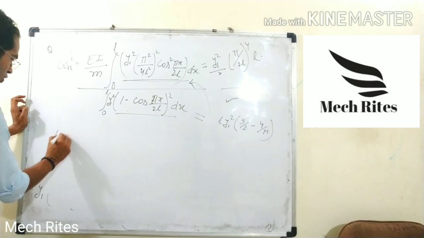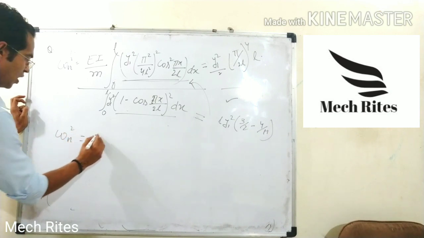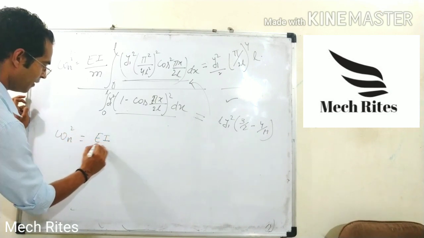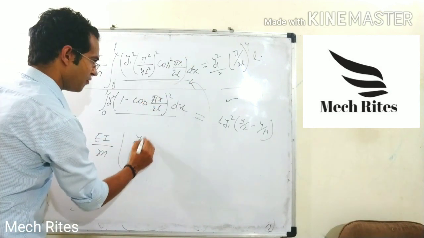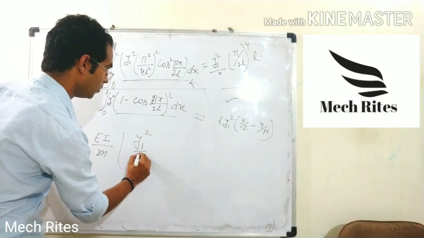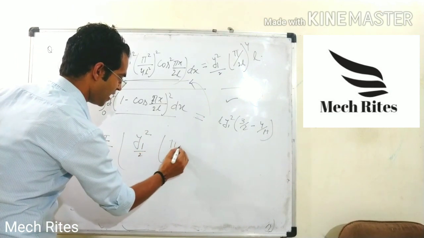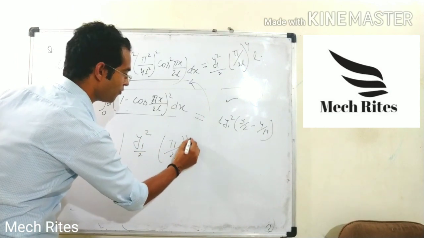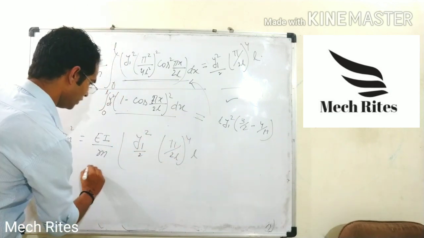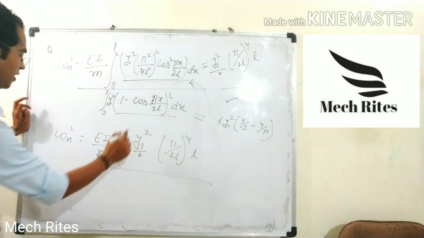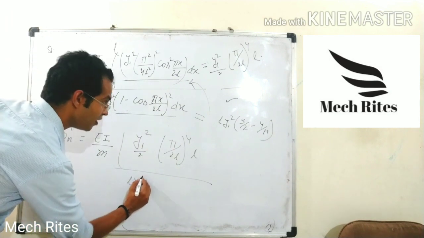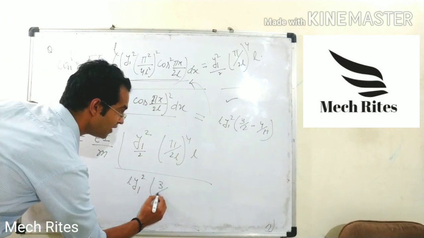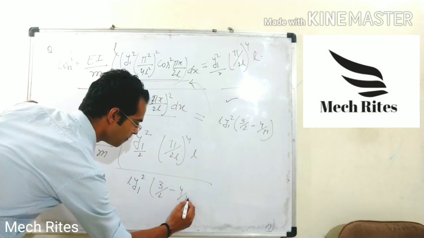So finally, omega n square equals EI by m multiplied by y1 square by 2, (pi by 2L) to the power 4, into L, divided by L y1 square (3 by 2 minus 4 by pi).